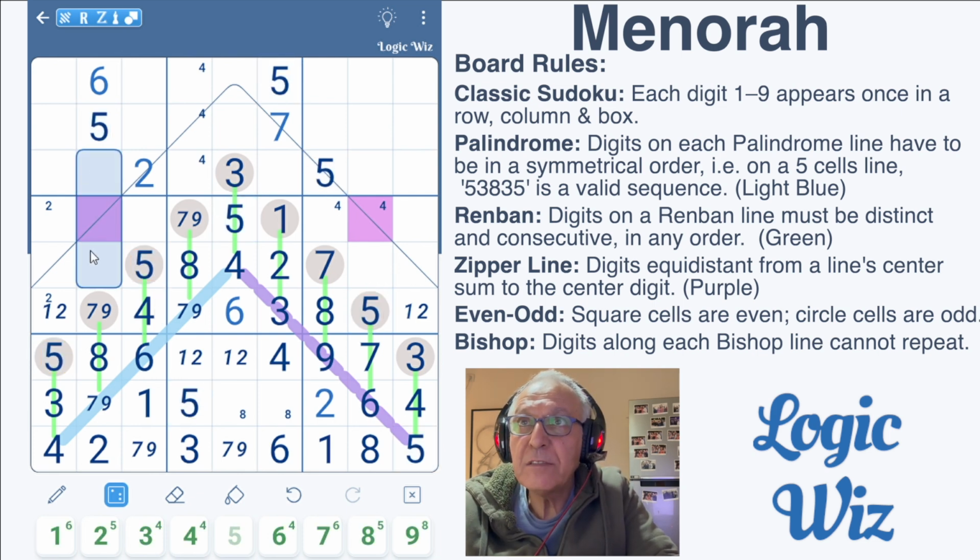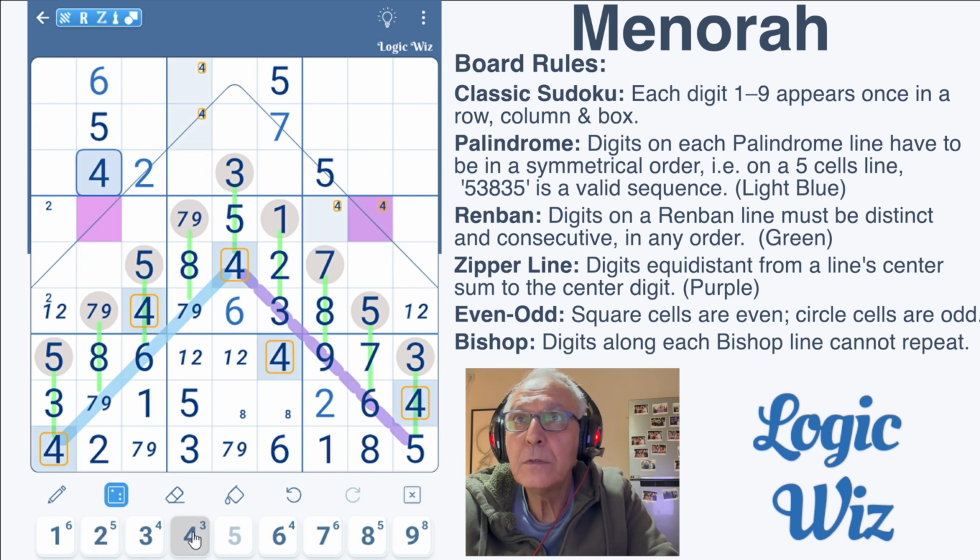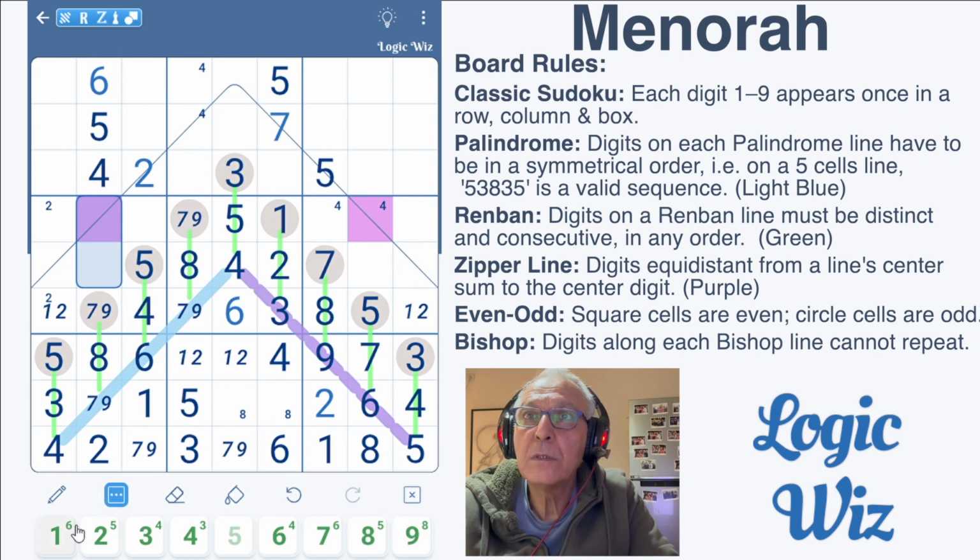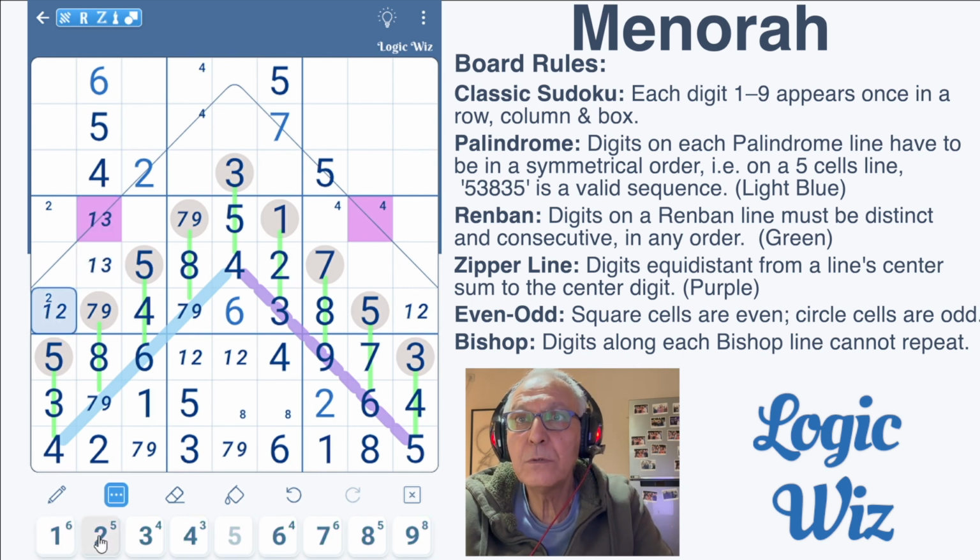Okay, the digits we miss here are 1, 3, and 4. 4 cannot go here. This one must be a 4. And here we must have 1 and 3. Since this one is 1 and 3, this one must be a 2.